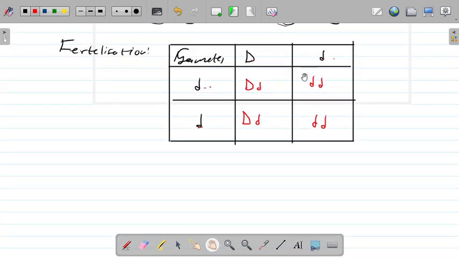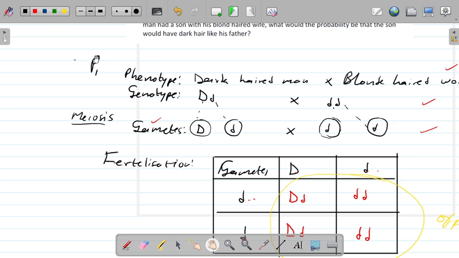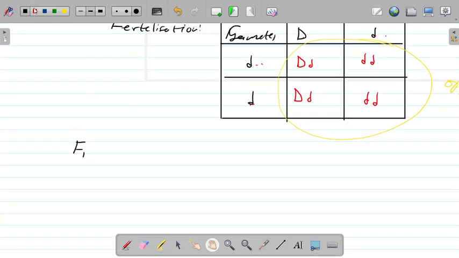These are your possible offspring, remember. Or F1, first filial generation, F1.